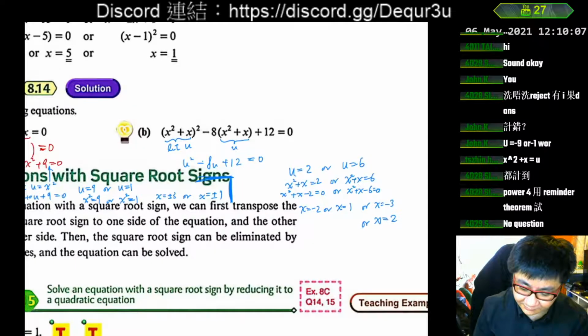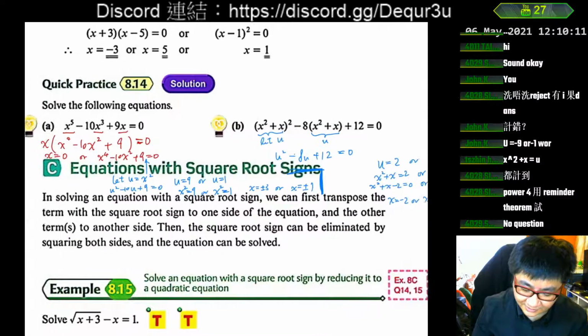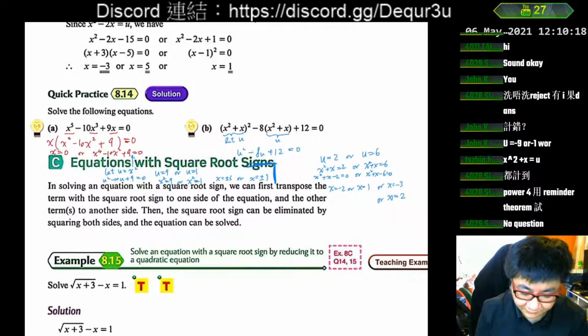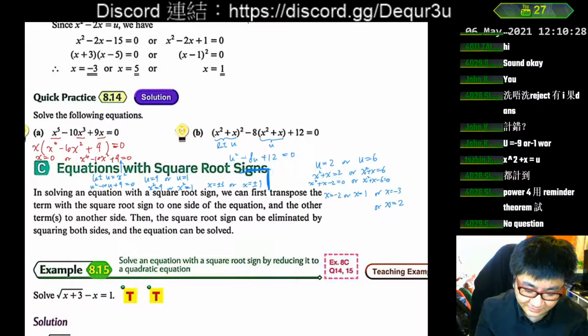Anyway, okay, so before we reach the next part, I would like to show you some more observation. When we refer to part A, we see it's a power 5 equation. Power 5, or another way to say it is a degree 5 equation. Degree means the highest power.